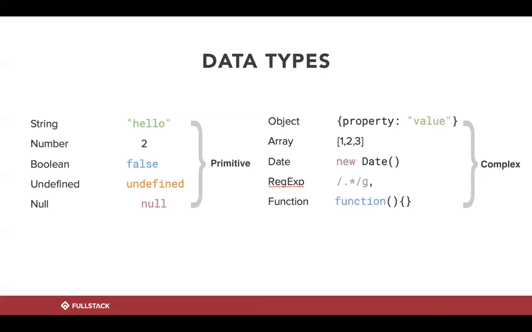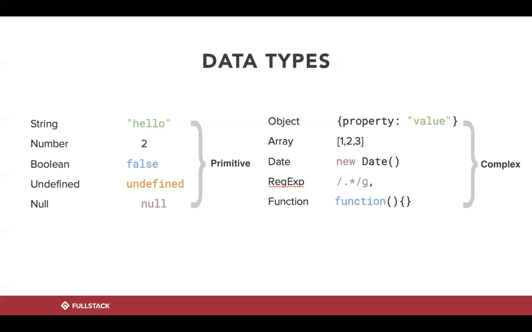We have this date object, which you can use to create a date time. We have regex, which is a way of matching characters in a string or in a word. It's like an expression.